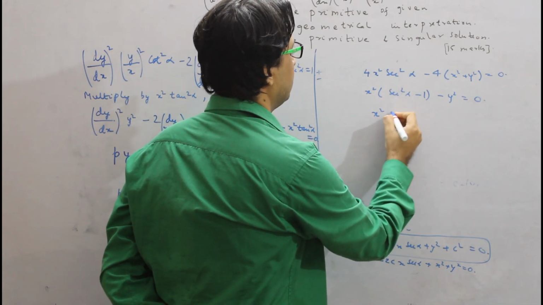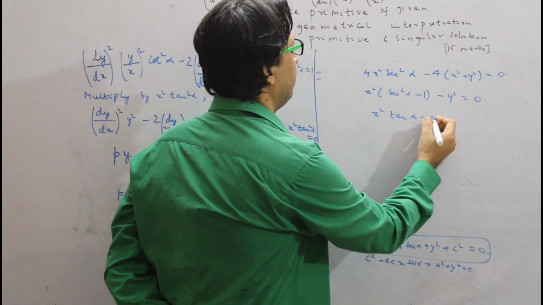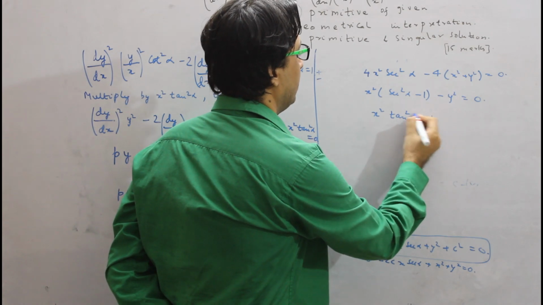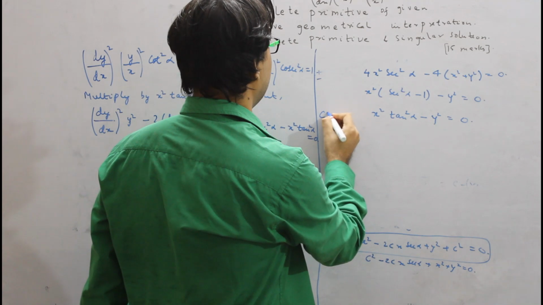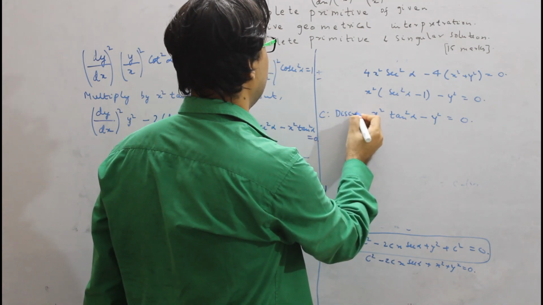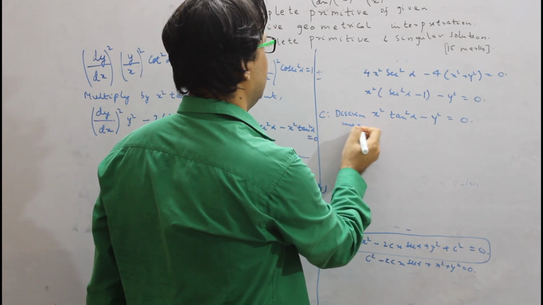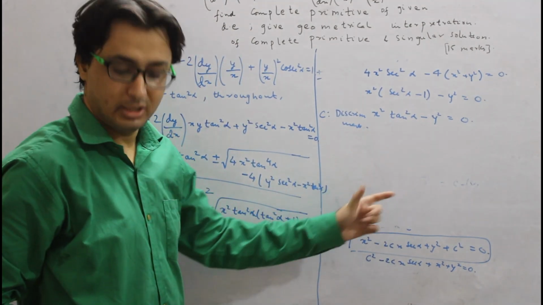So we get this as x square tan square alpha minus y square equal to 0. So this is our c discriminant. Still we are not clear what our singular solution is.